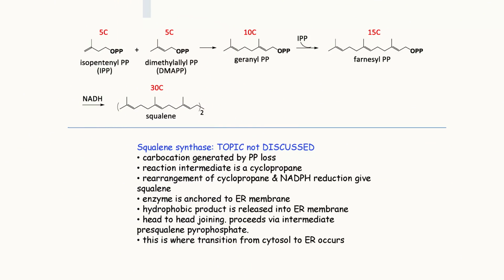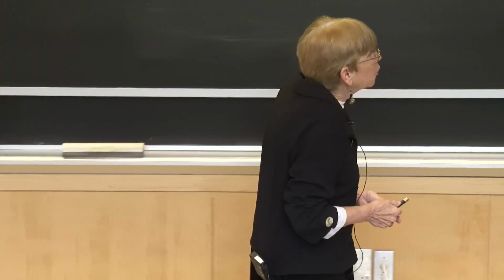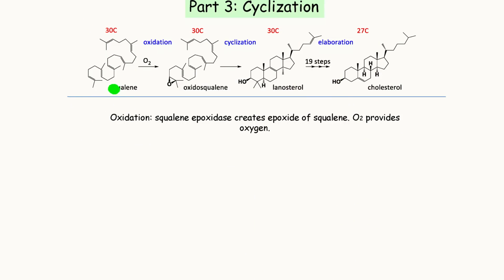For those of you who are interested in mechanisms of how things work, that's really a fascinating system that's pretty well worked out at this stage. But today I'm going to focus on the next step: how do we get from C30, this linear squalene hydrocarbon, to lanosterol, which is the precursor to steroids, but also the precursor to cholesterol, which is what we're focusing on in this module.